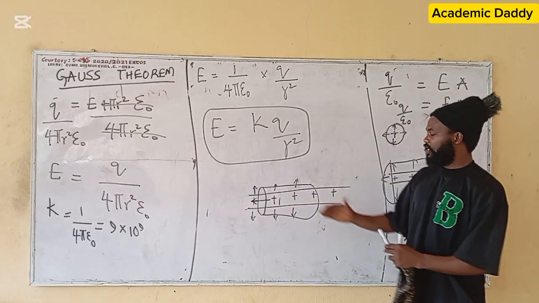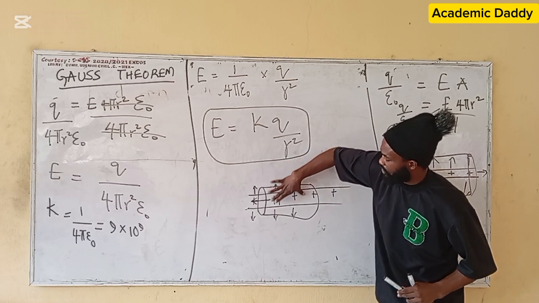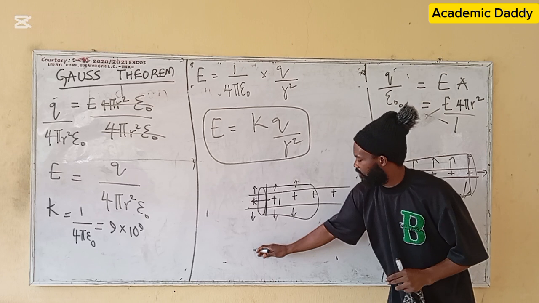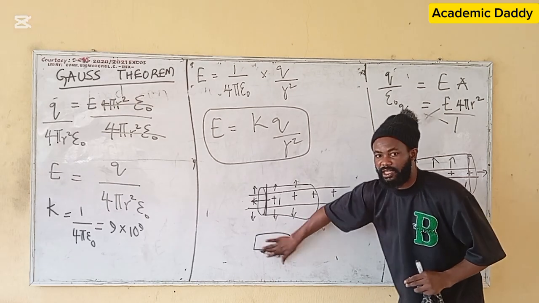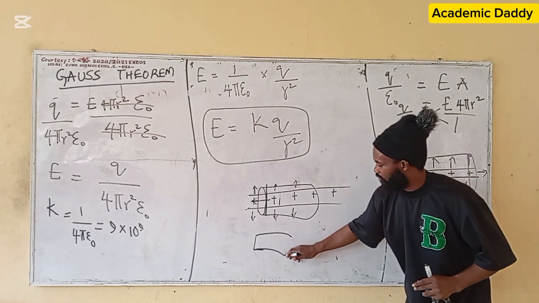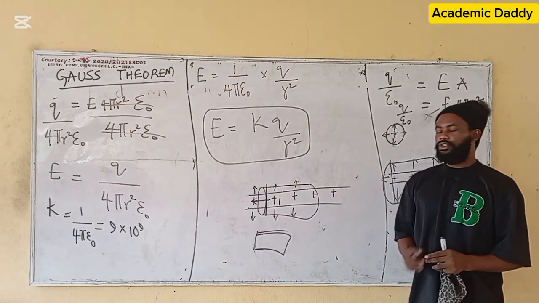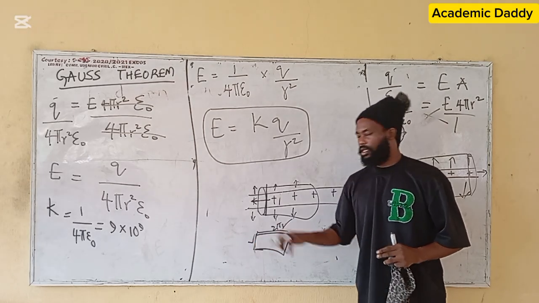So the only thing I'm considering for this cylinder is all the charges acting on this axis and this length. Remember that this is curved because it's a cylinder. So this side gives me 2 pi r and this side gives me L.